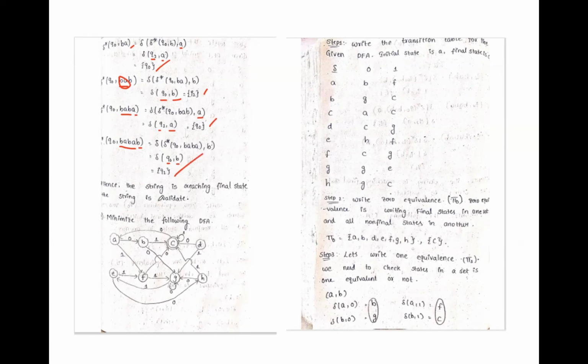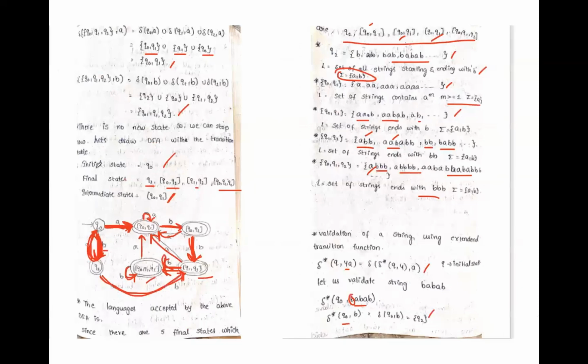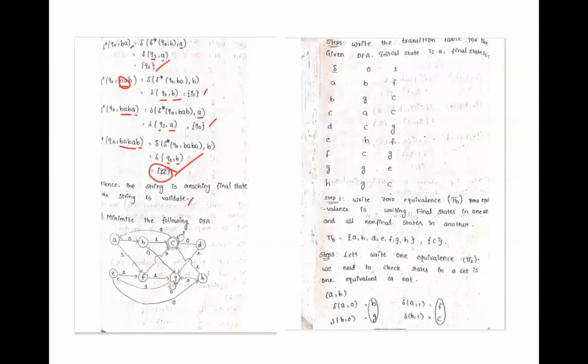So this is nothing but the final state. The string is reaching the final state and we can say that the string is validated. So what is the final state in the diagram? It is Q2. As this string is reaching the final state, we can say that the string is accepted.